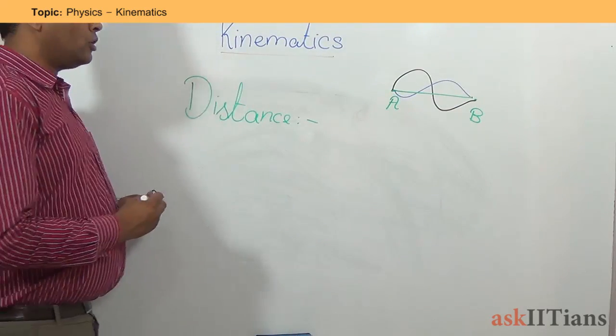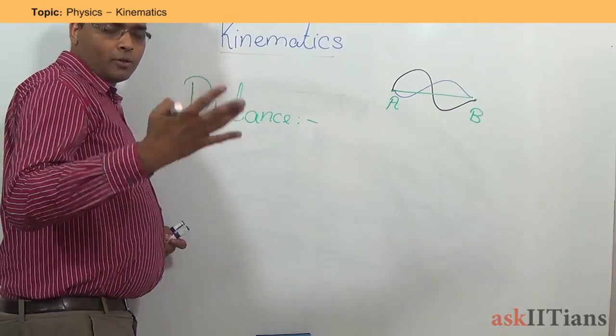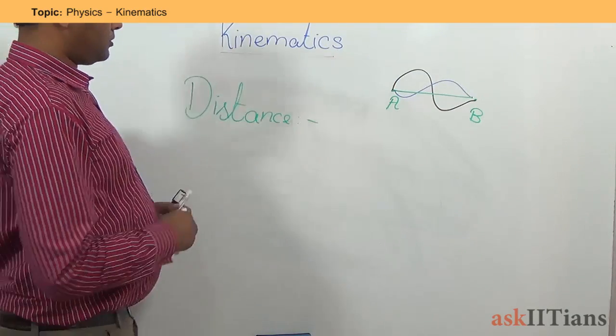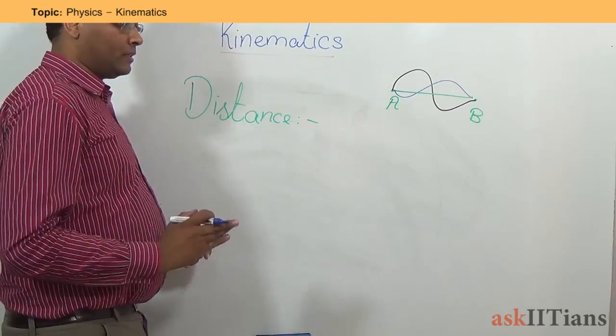Am I right? So we could see that there are n number of possibilities. So taking that into account, what exactly does distance mean?